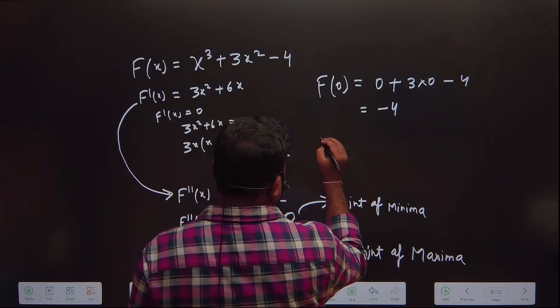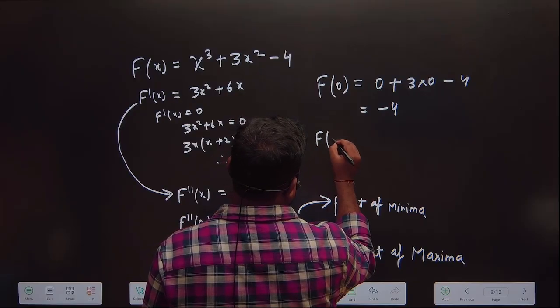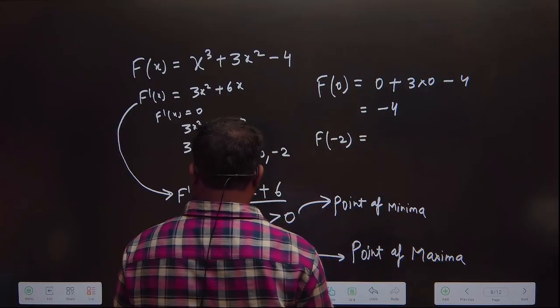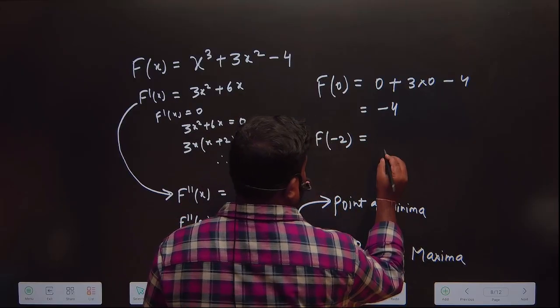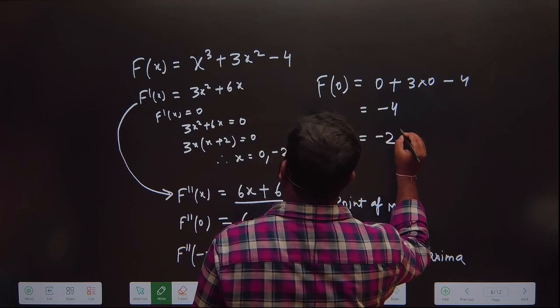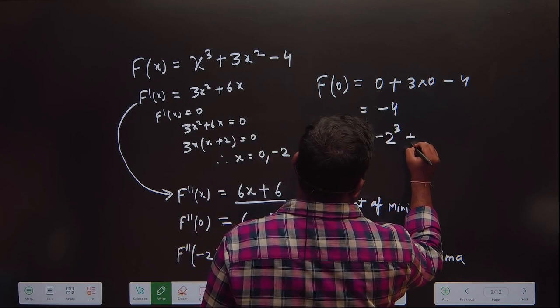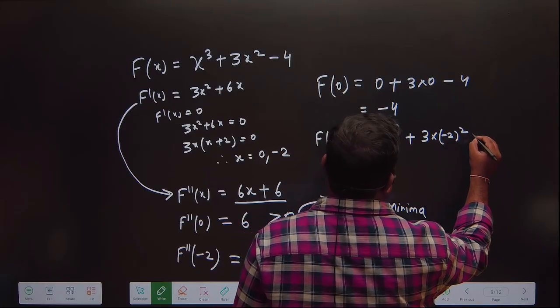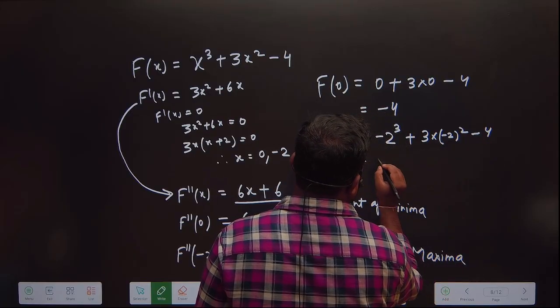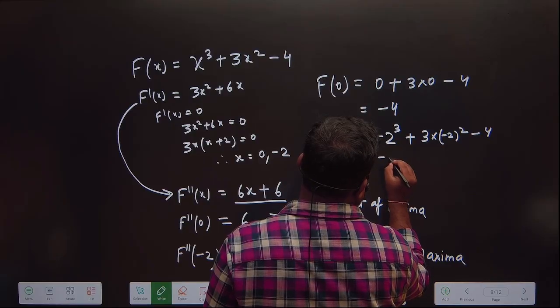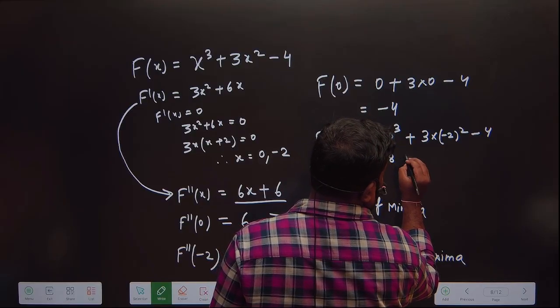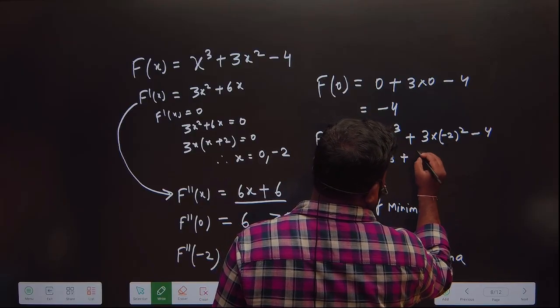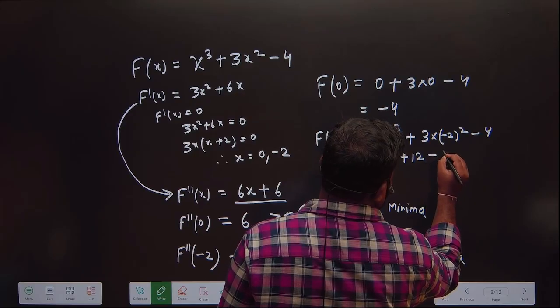When you find f of minus 2, it becomes minus 2 cube plus 3 times minus 2 square minus 4. Solve this. This is minus 8 plus 4, 3 fours are 12, so minus 8 plus 12 minus 4.